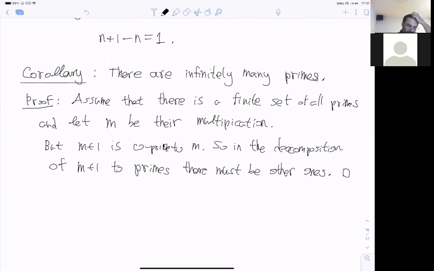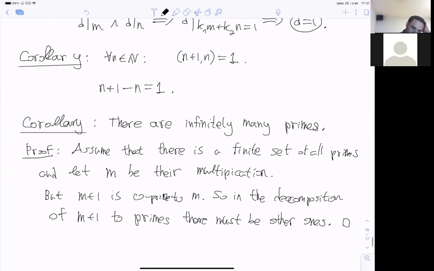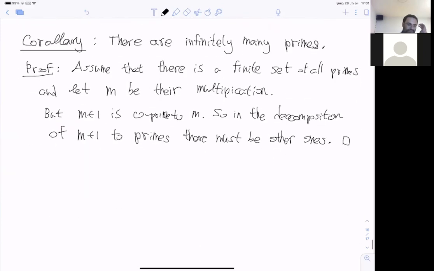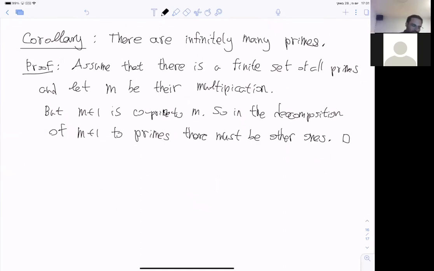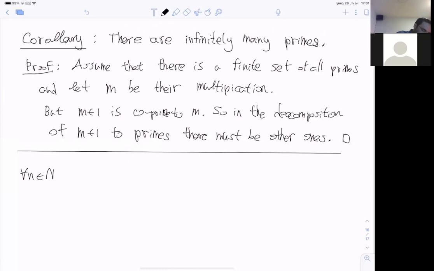Okay, but what we need is the following one. Definition. Now, I want to remind you that we have defined, for any number n, the group Zn of remainders of all integral numbers modulo n.